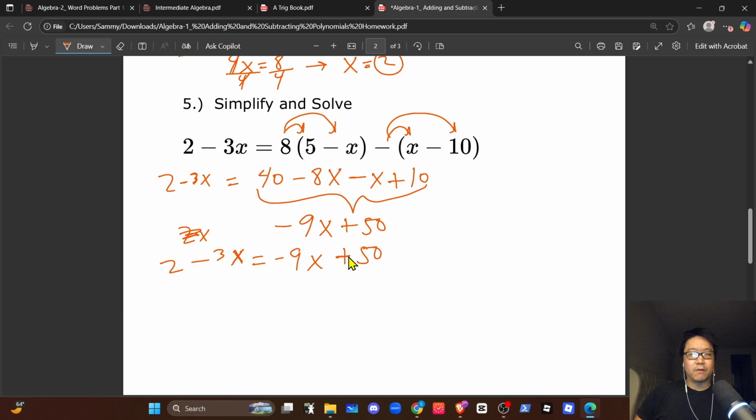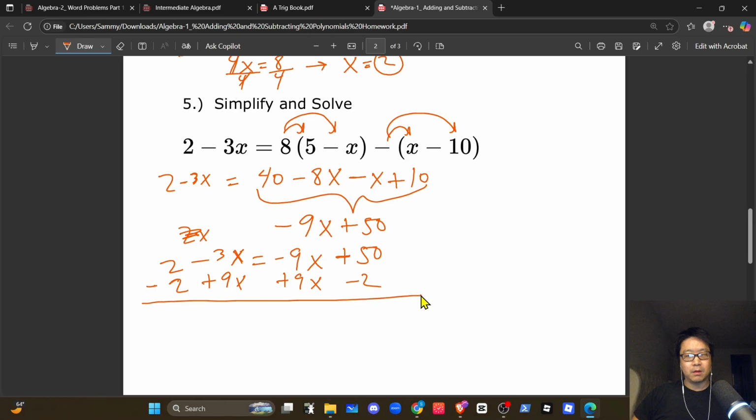And now we can just solve for x. So we're going to add 9x to both sides, and subtract 2 from both sides. When we do that, the 9's cancel, the 2's cancel. So negative 3x and positive 9x is going to be 6x. That's going to equal 50 minus 2, which is 48.